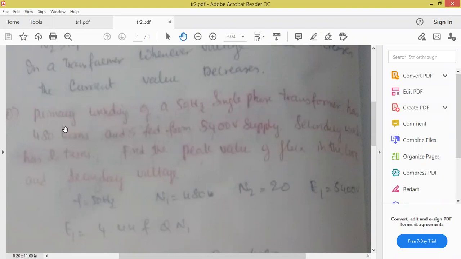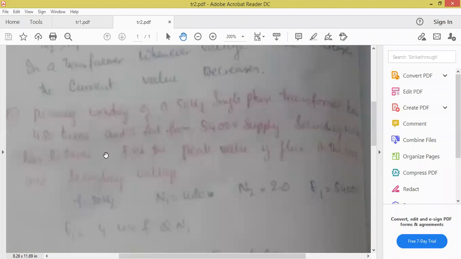The transformer has 480 turns in the primary winding, and the frequency is 50 hertz, as they have given, and it is fed, meaning it is connected to the pole, from a 5400 volt supply. That is E1, the primary winding voltage, 5400 volts.